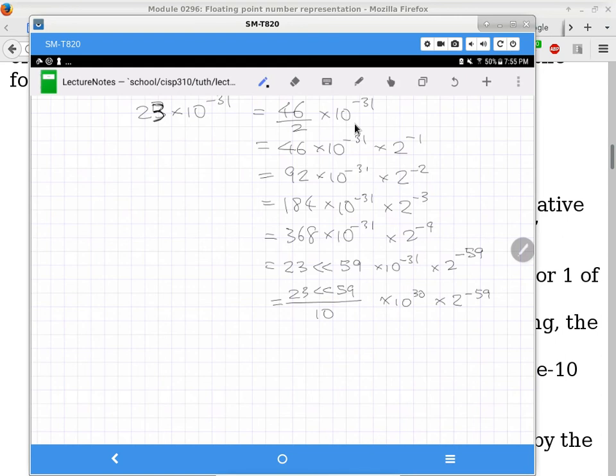Is that okay? Sort of. Not really exactly okay, but getting closer. You dropped the negative on the power. Oh, okay.